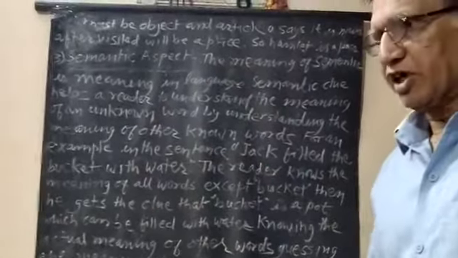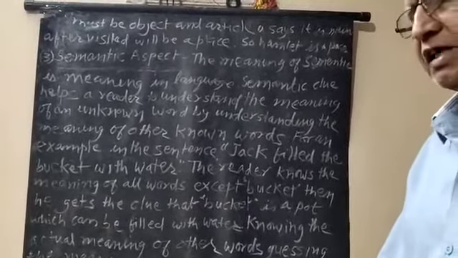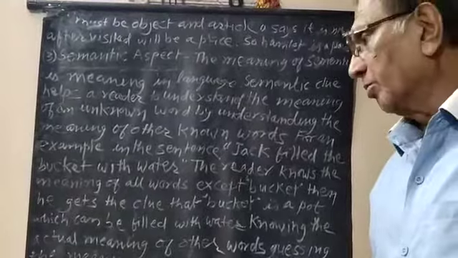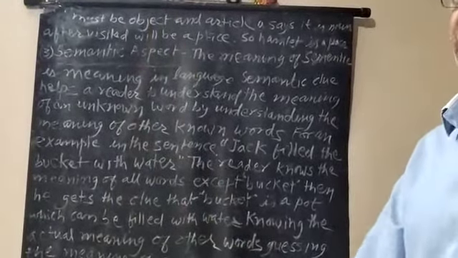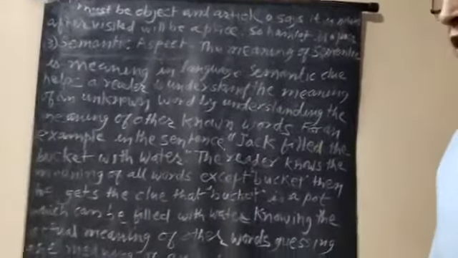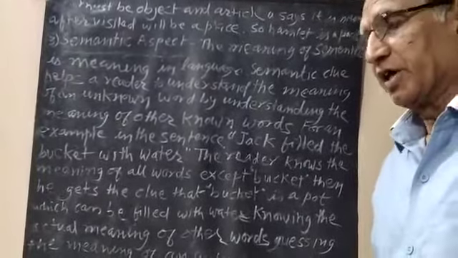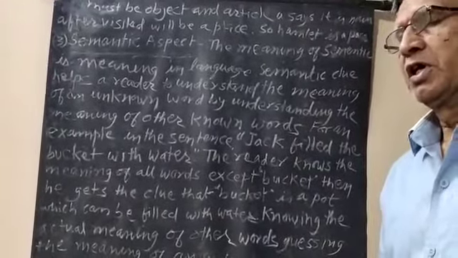Water भी जानता है कि पानी. तो filled water भरा जाता है, किस में भरा जाता है? तो he will get the clue that bucket is a pot in which water is filled. So he will know the meaning of the bucket by knowing the meaning of other words.